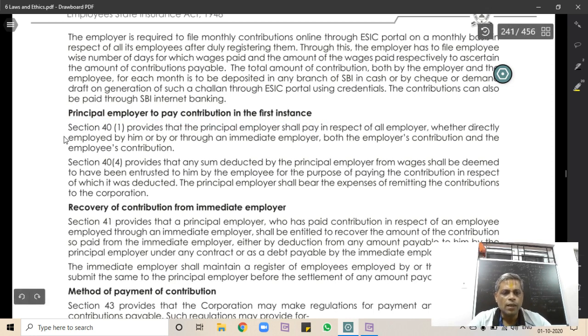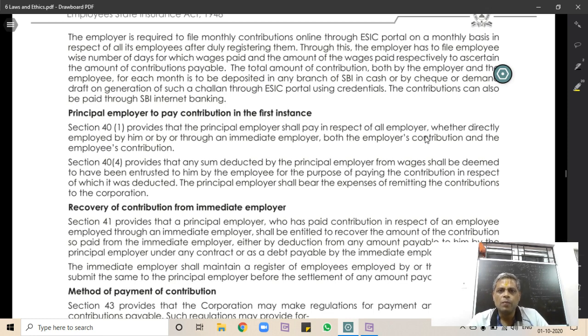So Section 40 subsection 1 provides that the principal employer shall pay in respect of all employees, whether directly employed by him or through an immediate employer. Suppose there is a subcontractor who has been deployed for providing security services or housekeeping services or driver services, etc., and the immediate employer, being the contractual agency, is deputing them to the company.